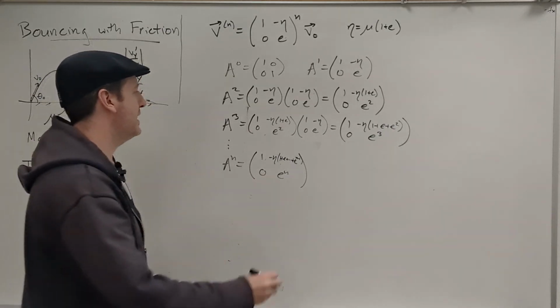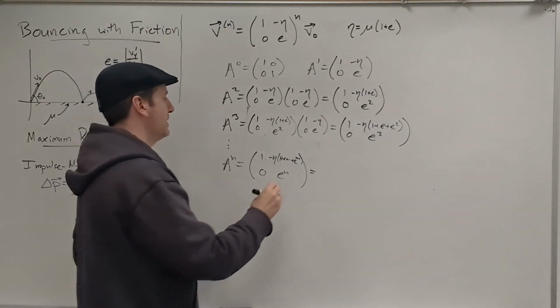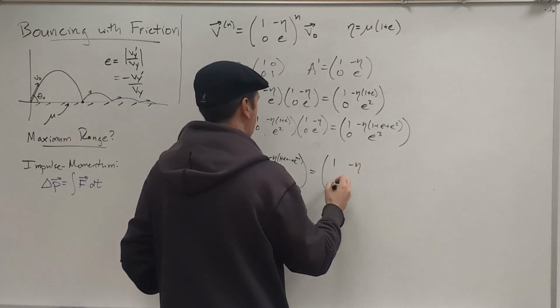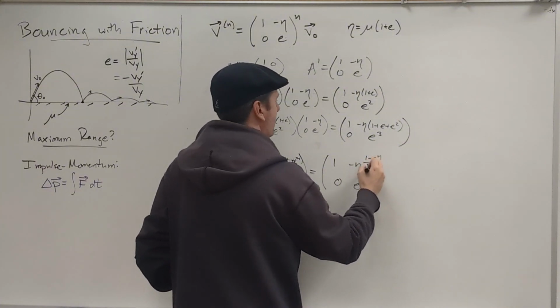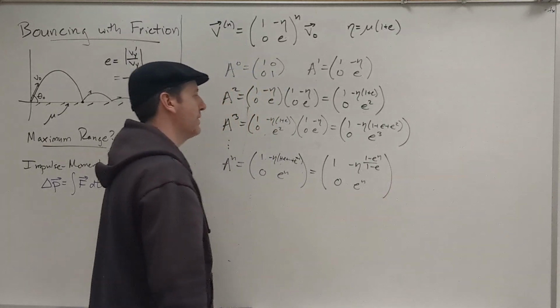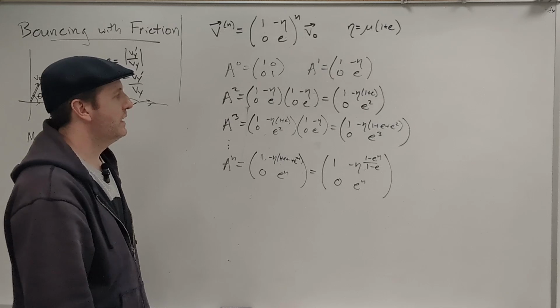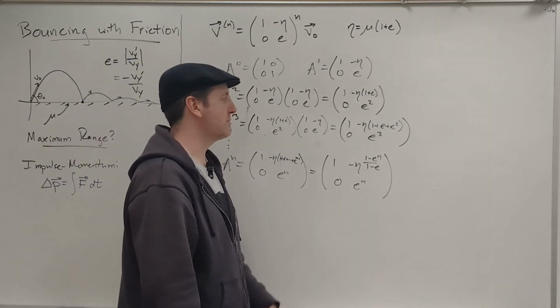And you should recognize that as being a finite geometric series, which means I can write this whole thing as 1 minus e to the n over 1 minus e in the upper right-hand corner, again, times minus eta. If you want to leave it like this, you can, I guess, but this is going to be the cleanest way to write that out.